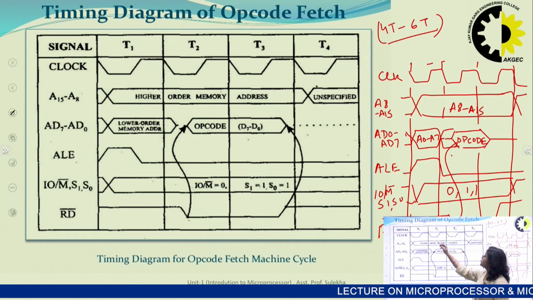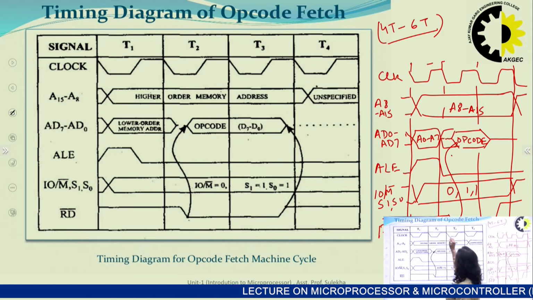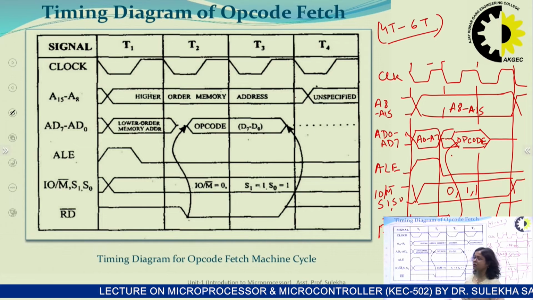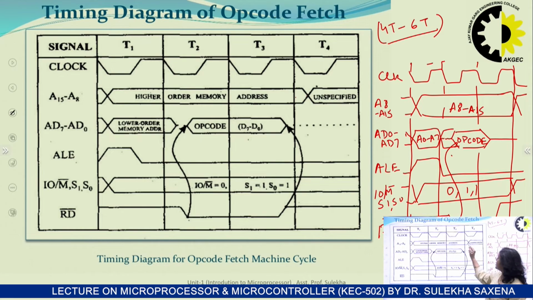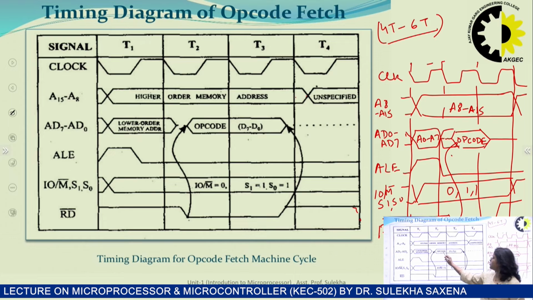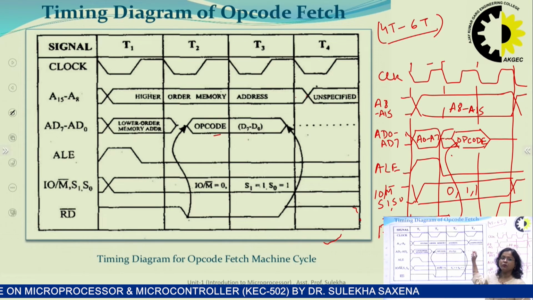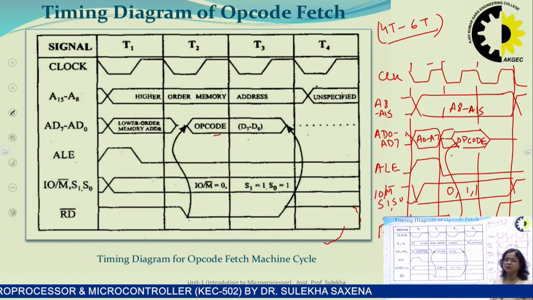So normally opcode fetch is of 4 T states. So first of all I have drawn 4 T states, that is 4 clock periods. And then higher order address bus will require from T1 to T3 state, and after that unspecified work, because the work is specified by opcode, will be done in 4th T state.